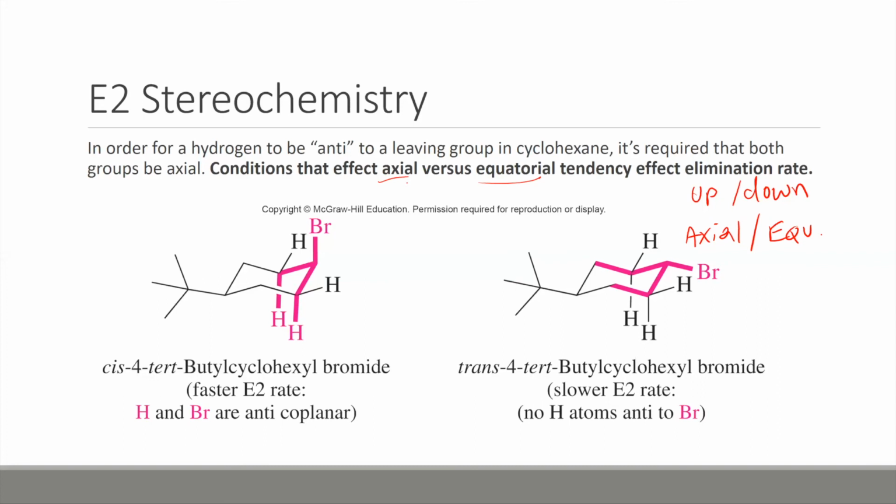But for example, bulky groups on a ring will affect how much it flips. And if it is less often in axial positioning in that conformer, then it's harder for an elimination reaction to occur. Elimination reactions are slower on cyclohexane rings where you have less time spent in the axial position.